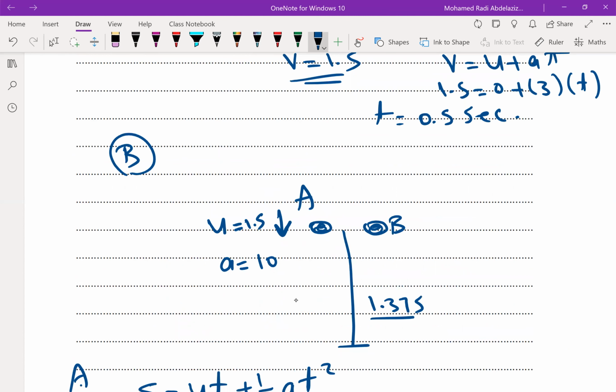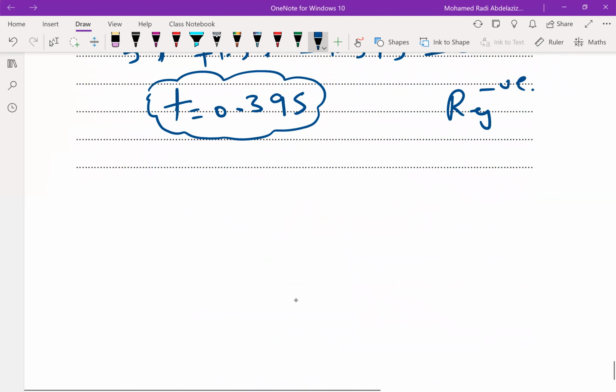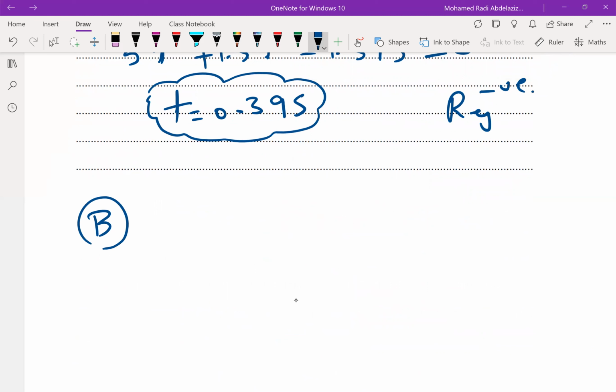Particle B first continues to move up because of inertia. We'll use initial velocity 1.5, acceleration negative 10, and stop when v is equal to 0. I will get the time taken to reach the maximum height. It will take a longer time for particle B because we have two steps.